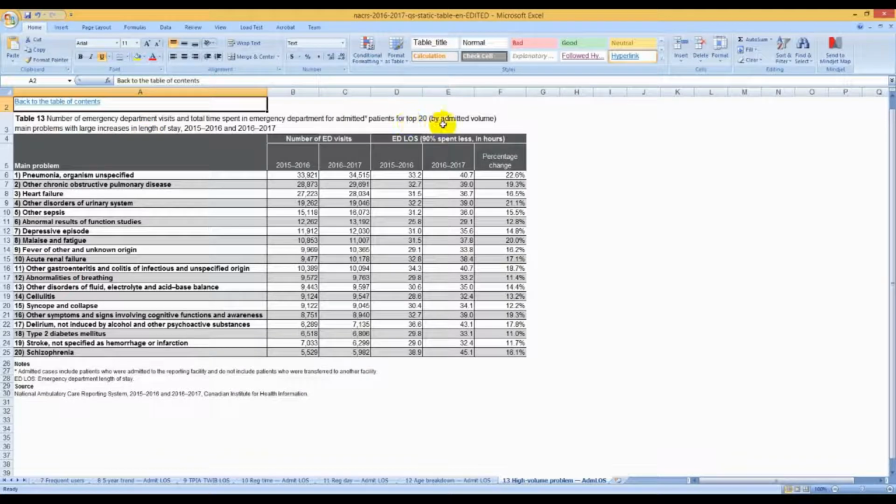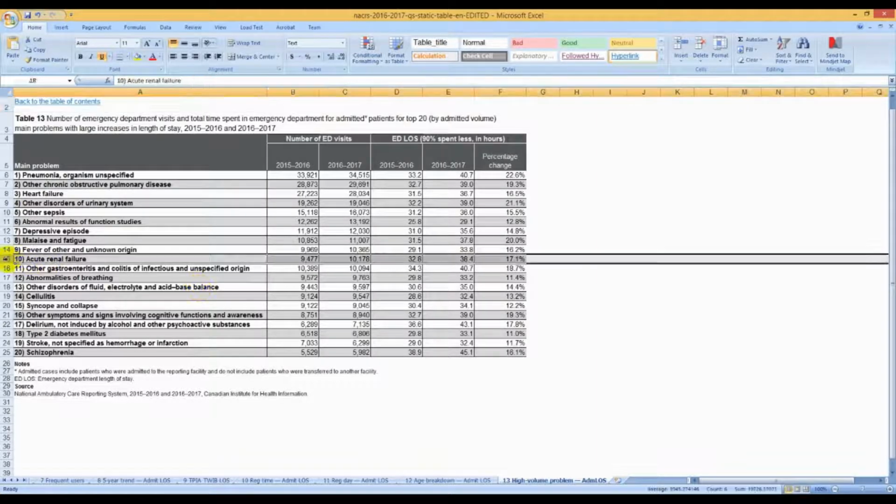Here is listed the top 20 diseases, something like these categories. For example, number 10 is acute renal failure. If we compare the 90th percentile for acute renal failure, this is around a 70% increase.